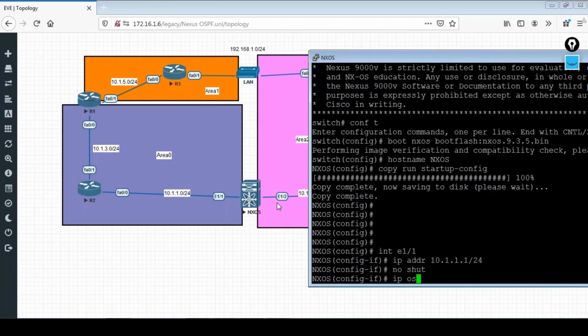Now shut. I would like to set the cost as 1 here. By default, it is taking 40.